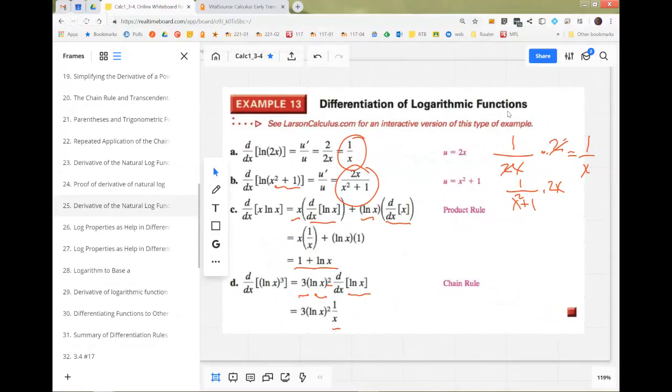Look over here on the right. The derivative of the natural log of something is 1 over that thing, so that's this part right here, 1 over 2x. And then, of course, what's the derivative of 2x? That's a chain rule: 2. And then you do a little simplification. That one also turns out to be 1 over x.